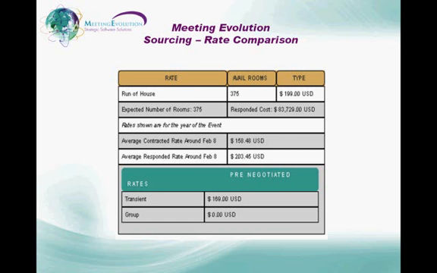And then maybe your procurement department, business travel, has a pre-negotiated rate at a particular hotel. So within this screen, we're able to show the response rate for this particular RFP, the average contracted rate, the average response rate for other meeting planners in your organization for that hotel, and also bringing in business travel rate information to help you from 4 points of data within your organization. How does this rate compare?